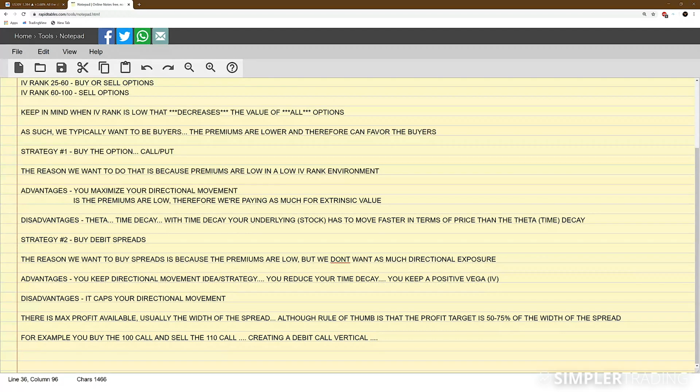So you've just created a call debit spread because you bought the more expensive call, you sold typically an out of the money, less expensive call against it. You've created a call debit vertical, and your max profit is $10. Now that doesn't happen often, right? That's not going to be too realistic. But in reality, what you can do is take 50 to 75% of that, and realistic profit is $5 to $7.50. It's in that ballpark.